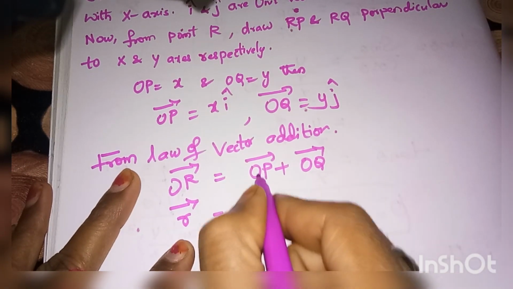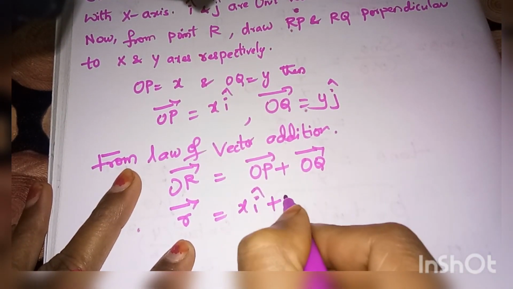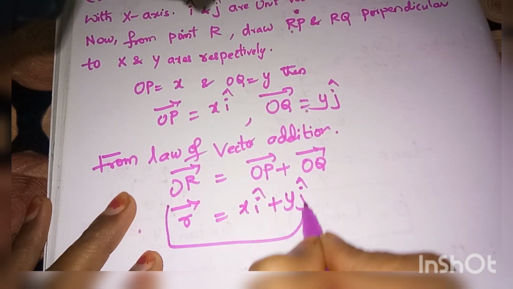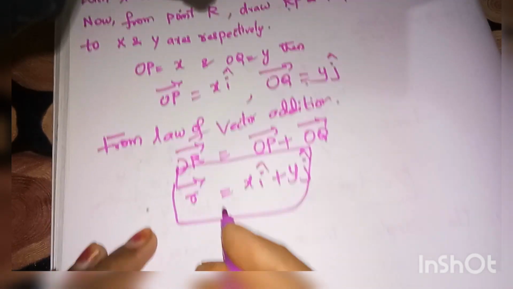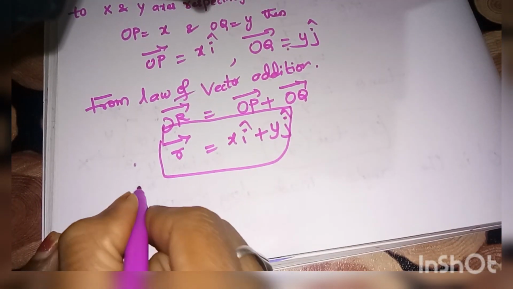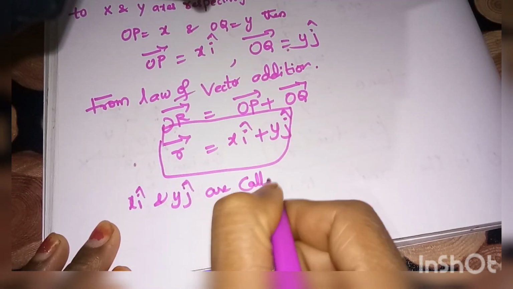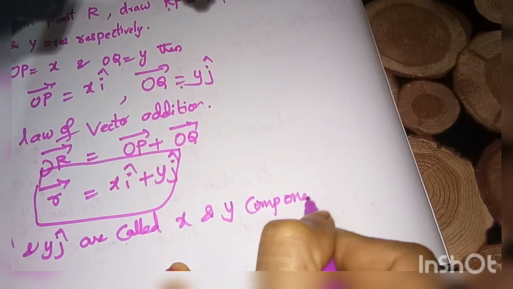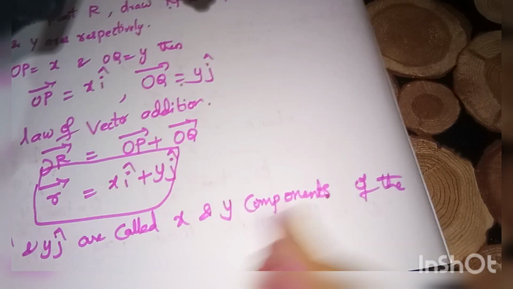So R bar equals OP bar, which means x i cap plus y j cap. So x i cap and y j cap are called the x and y components of the vector.